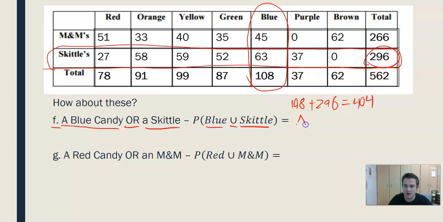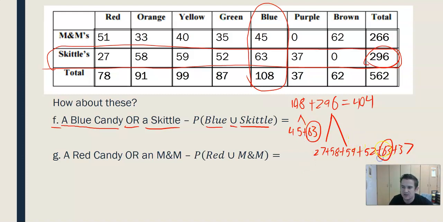My 108 here was 45 blue M&Ms plus 63 blue Skittles. And then my 296 was 27 red Skittles plus 58 orange Skittles plus 59 yellow Skittles plus 52 green Skittles plus 63 blue Skittles plus 37 purple Skittles. Well, notice here, I counted my 63 blue Skittles twice.